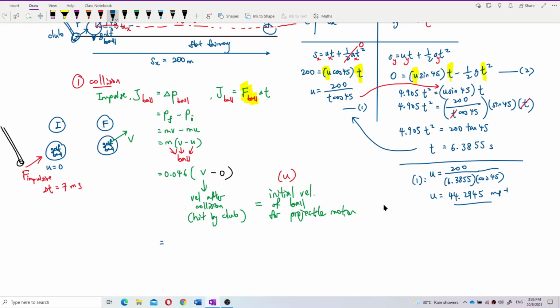We can calculate the impulse already. The mass is 0.046. The velocity of the ball after collision is the initial velocity of the ball from projectile motion. So the v here is the u here, so we just use this value into here.